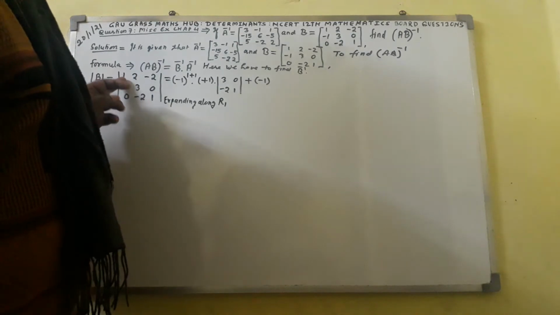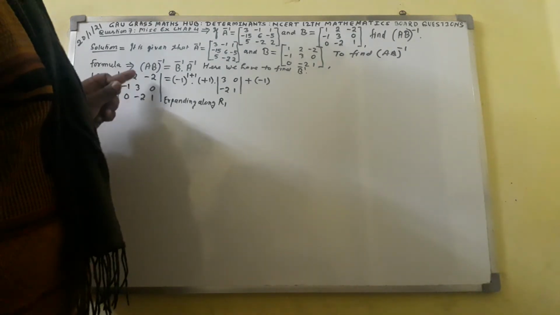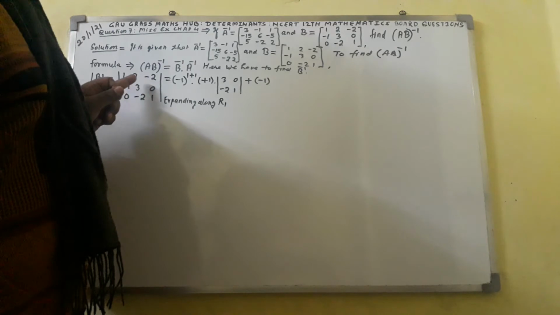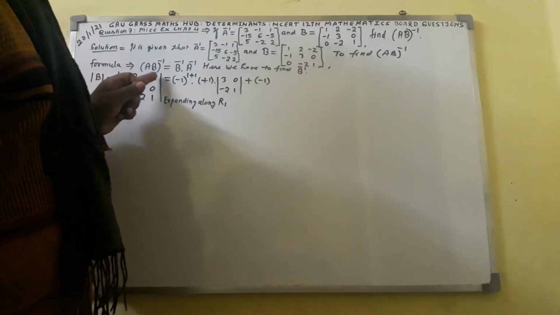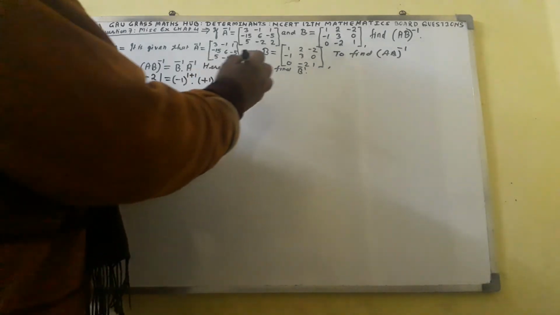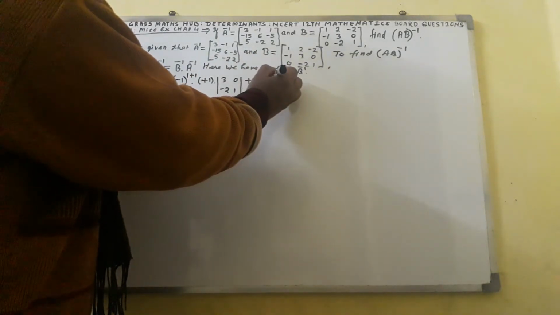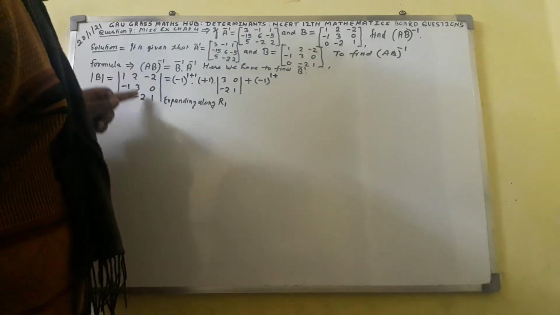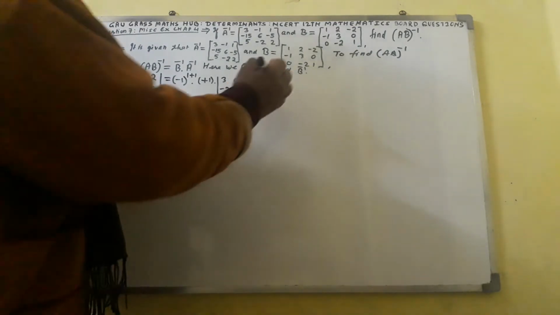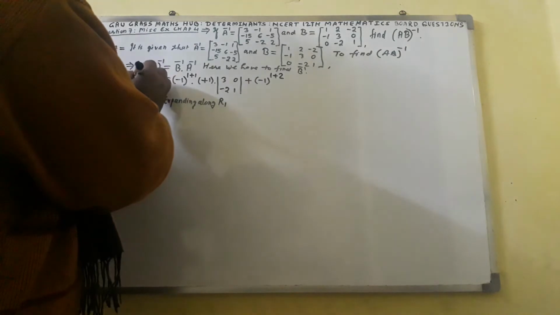This element is over. Now take this element 2. This 2 is in first row, so for first row I shall write 1 plus, and this element is in second column, so for second column I shall write 2.